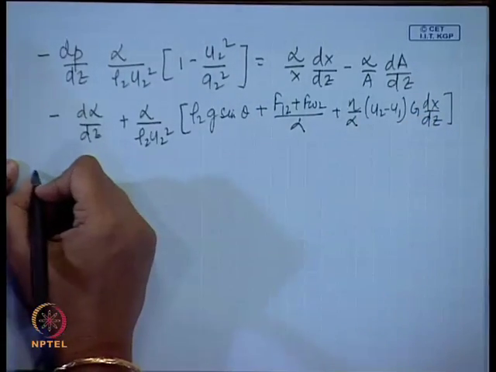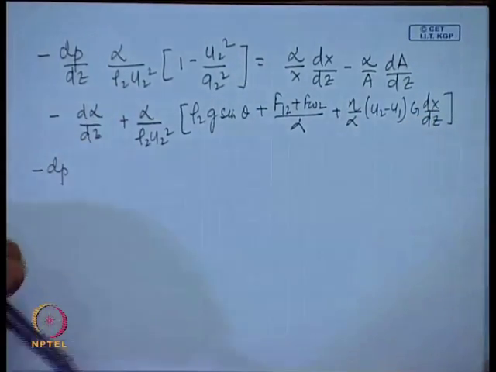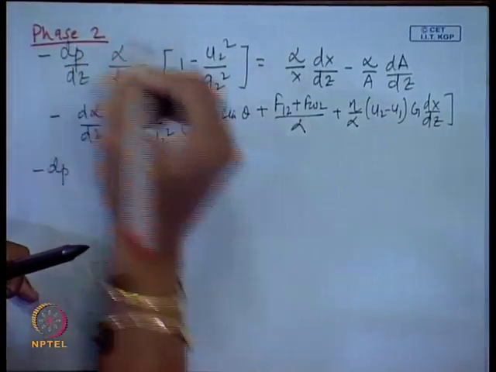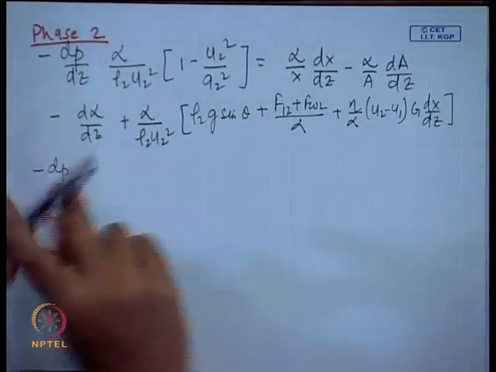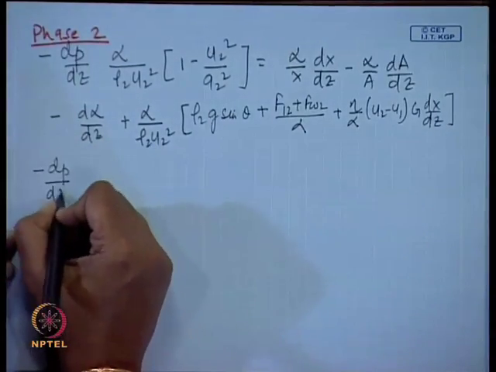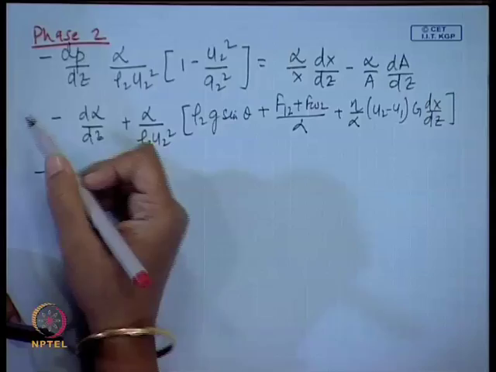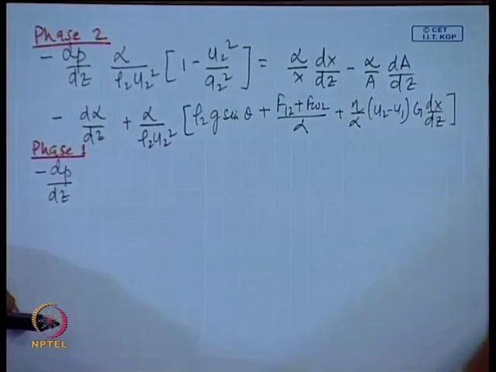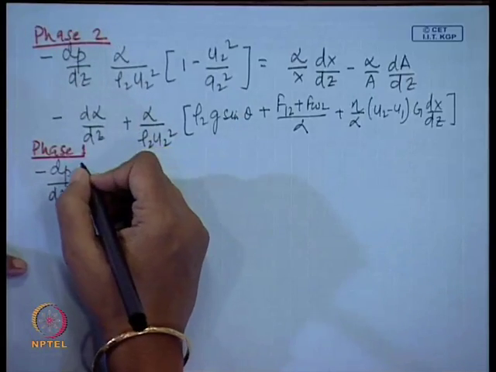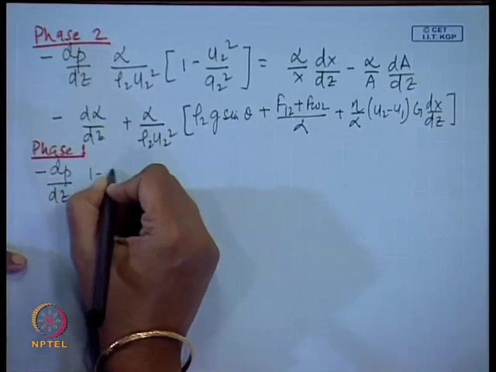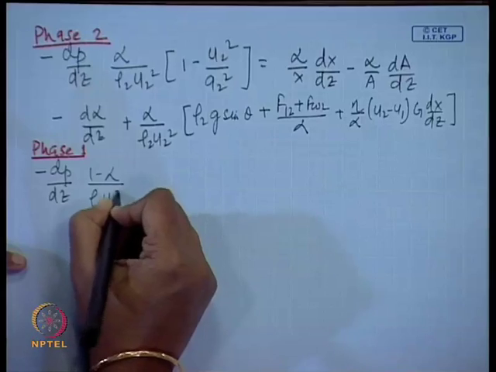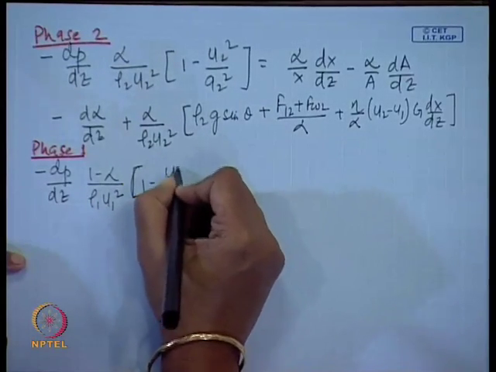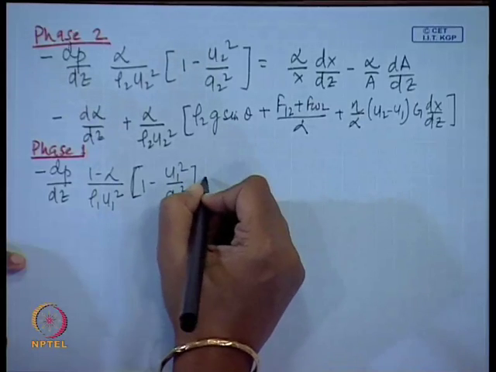Fine. Same way the other equation, this was for phase 2, we are doing phase 2 first because it has alpha x. So, we have to write less in that particular case. In this particular equation for phase 1, what do we get? 1 minus alpha by rho 1 u 1 square into 1 minus u1 square by a1 square.